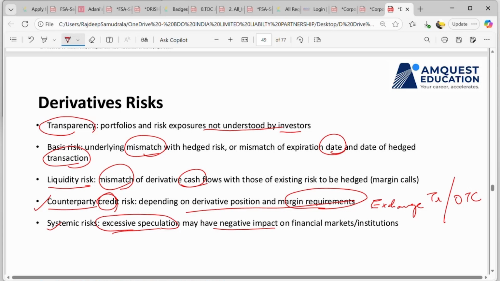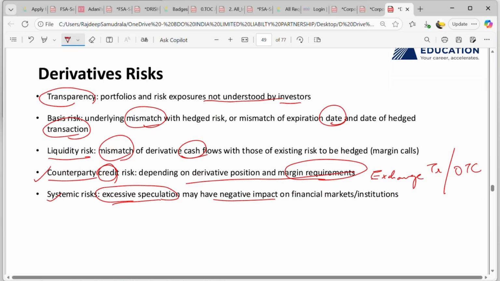Remember, derivatives should always be used to manage and mitigate your operational risk. It should not be used for speculation. But honestly, most people in today's market are using derivatives for speculative purposes, which defeats the very purpose and benefits of using derivatives. Clear? So we got the broad risks: basis risk, liquidity, counterparty, and systemic.